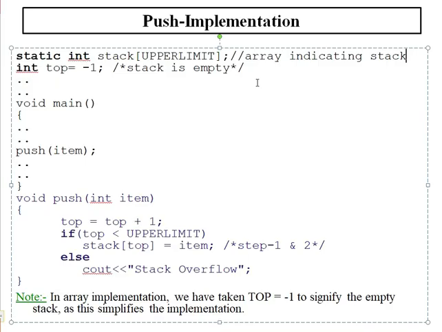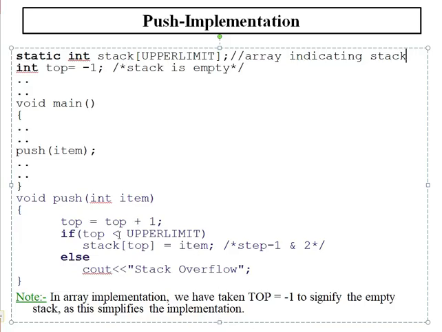So when we start pushing an item on top of the stack, as per the steps of the push operation algorithm, we should first increment the top variable by 1, so that the top variable locates the first slot of the array. Initially the top variable is assigned the value -1, so -1 plus 1 will be 0.